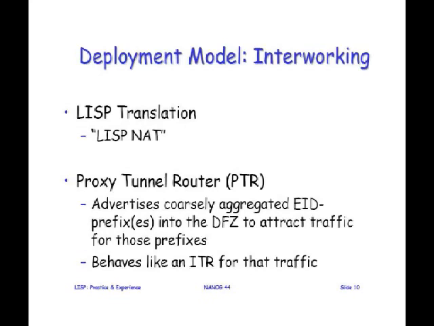And then we have proxy tunnel router, which is a box that aggregates the EID prefix into the DFZ, not also into the ALT, but into the DFZ to attract traffic from the outside internet to this box. And once it gets there, it just behaves like an ITR. So that'll allow you to talk to LISP sites from outside the LISP world.